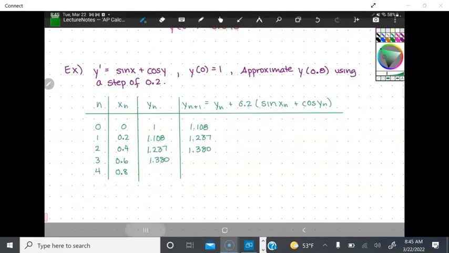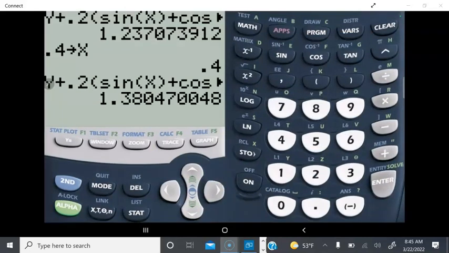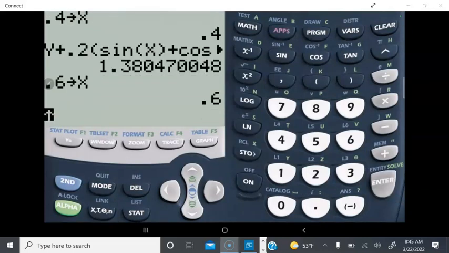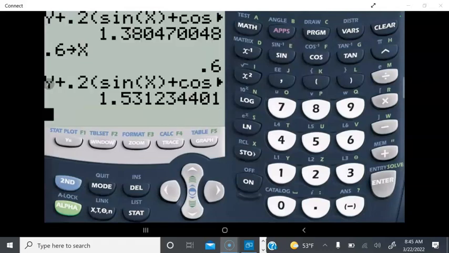So I only have to do this one more time. So now x is 0.6, and then second enter, and there's my last value for y that I need, 1.531.